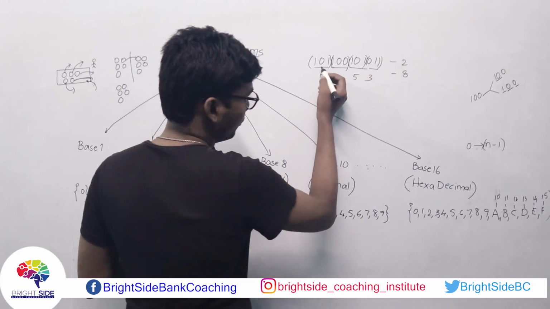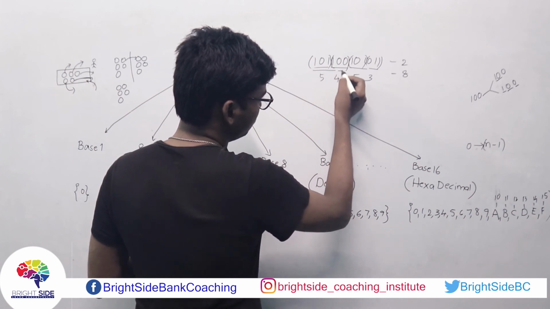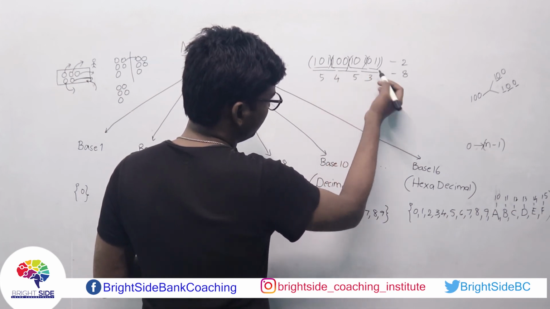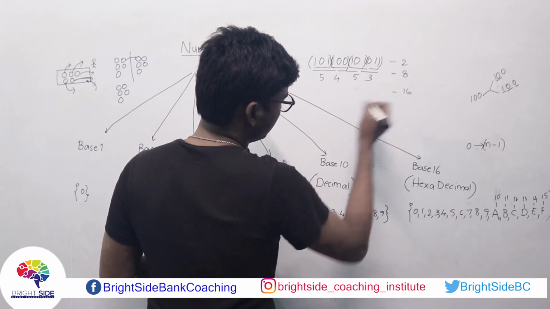If you group 4 digits at a time, then that will be in the hexadecimal number system.